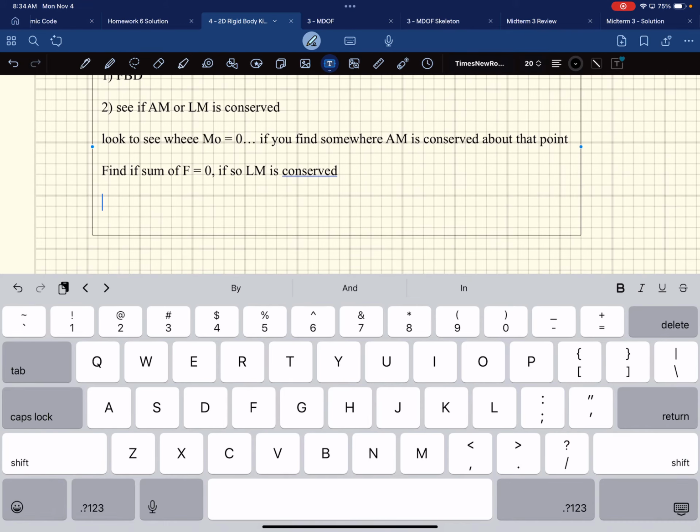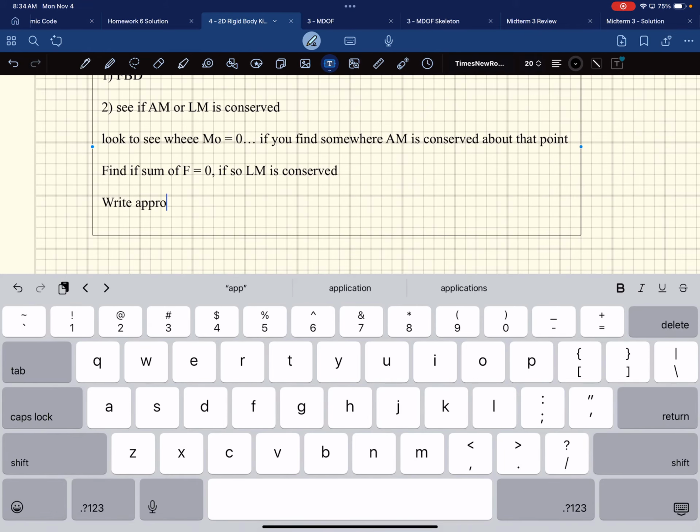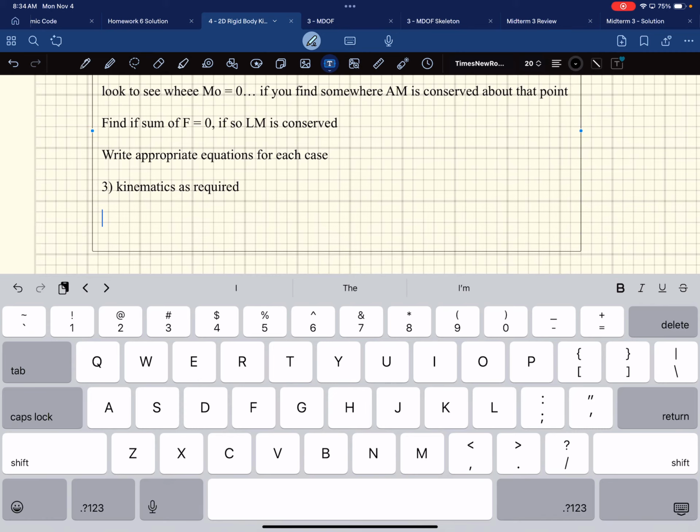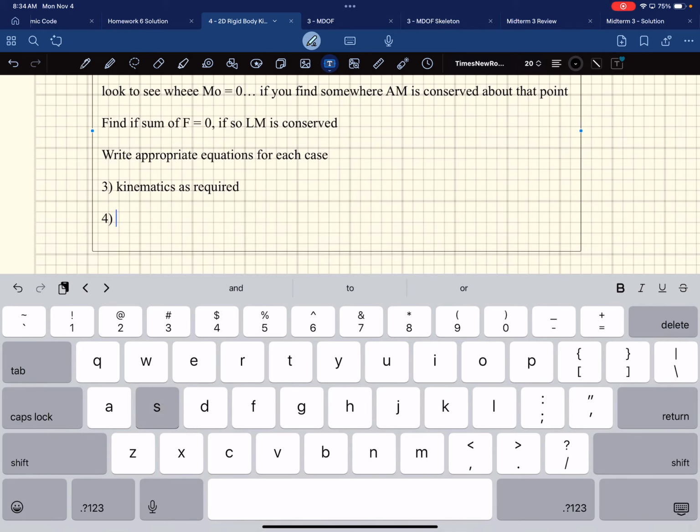And then under this one too, I'm going to write appropriate equations for each case. Three, kinematics is required. And then four, solve.